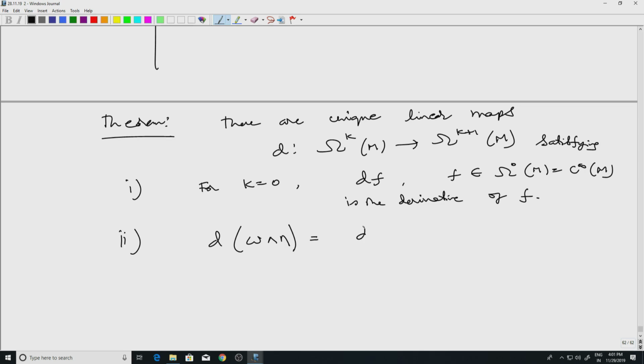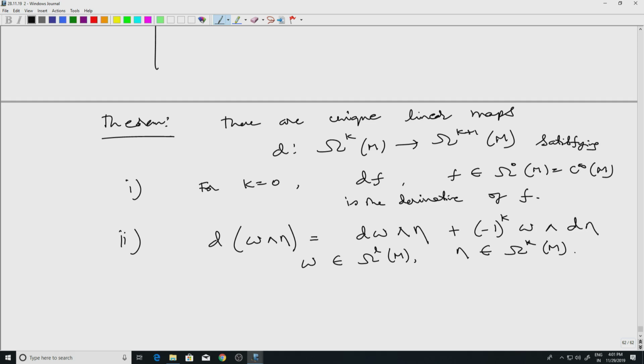Here it takes this form: d omega wedge eta plus, it's not quite the Leibniz rule, a sign comes into play, (-1)^k omega wedge d eta, where omega belongs to Omega^l(M) and eta belongs to Omega^k(M). So only the degree of the second term comes into play in the sign.